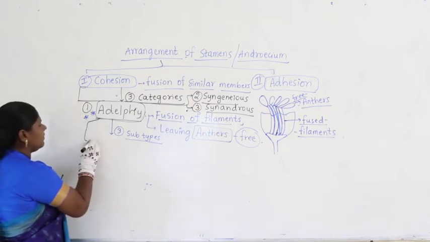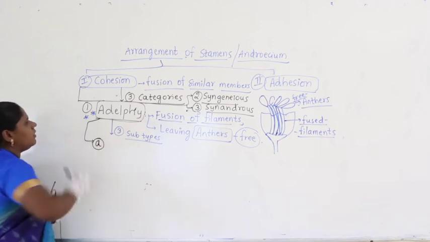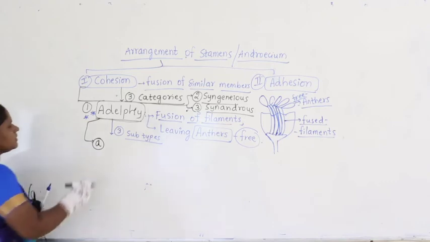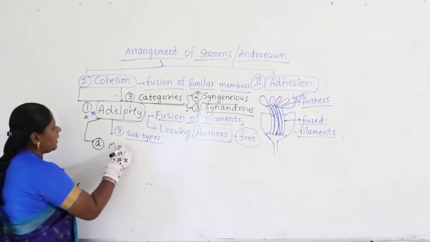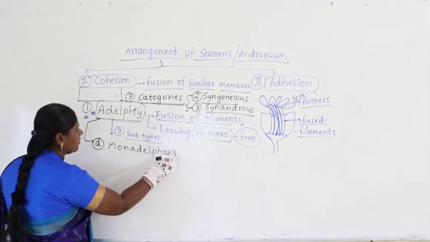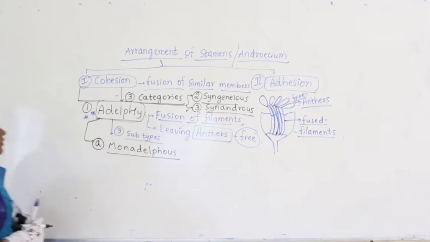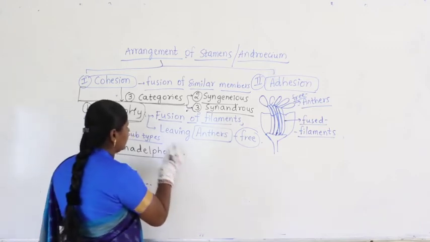So in this again we are writing the categories. Under this let us take A. The first category under this is nothing but we call Monadelphous. The first category we call it as what? Monadelphous. What is Monadelphous meaning here?